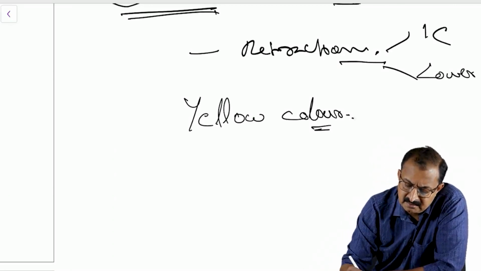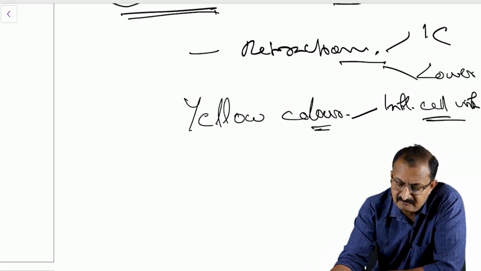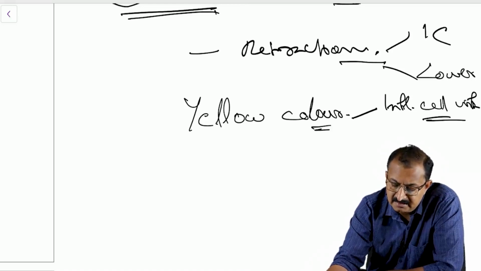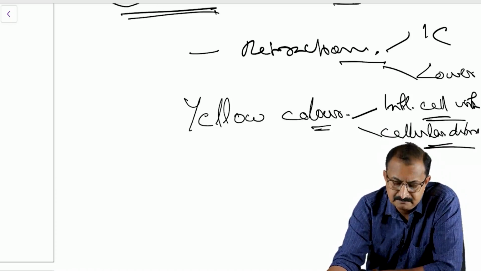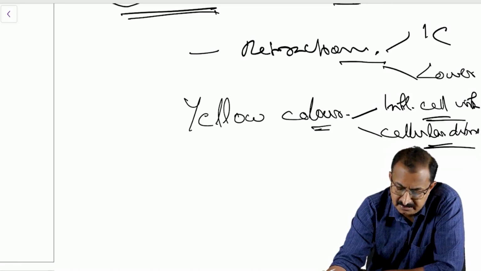It is due to inflammatory cell infiltrates. A lot of inflammatory cells infiltrate the area, and along with that the cellular debris, all of these give the yellow color. So just by seeing a yellow nasal discharge, there is no indication to give an antibiotic.